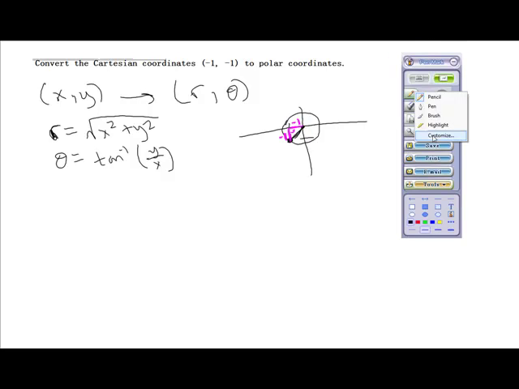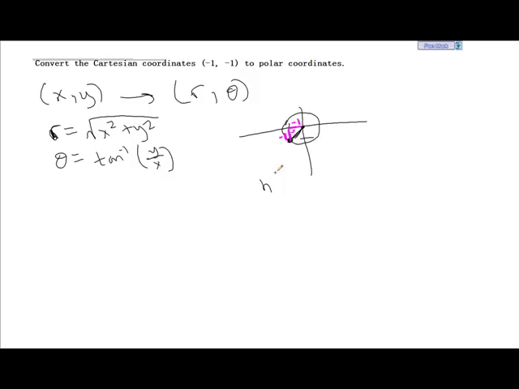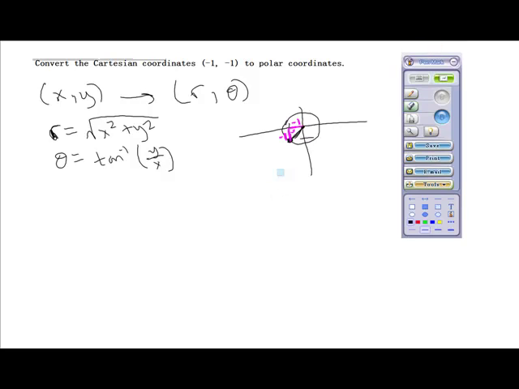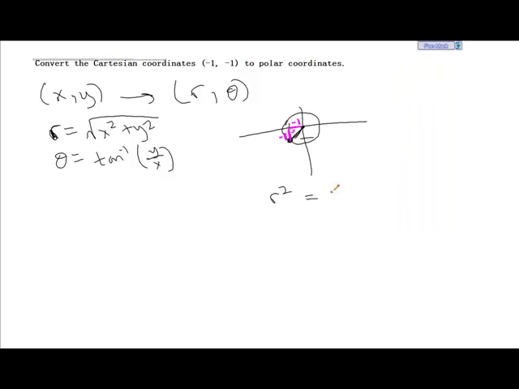The hypotenuse is really the radius. I'll call it the radius: the radius squared is equal to the side squared plus the side squared, which in this case is x squared plus y squared. But I need the radius, not the radius squared, so I have to solve for r, and that becomes the square root of x squared plus y squared.